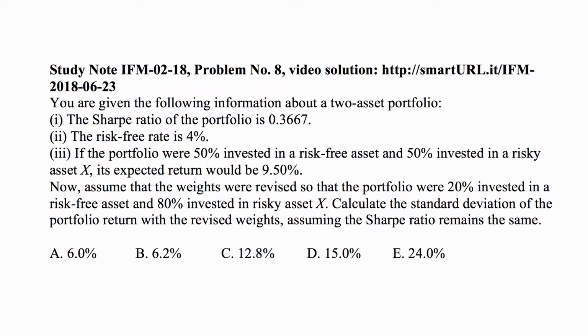If the portfolio were 50% invested in a risk-free asset and 50% invested in a risky asset X, its expected return would be 9.50%. Now assume that the weights were revised so that the portfolio were 20% invested in a risk-free asset and 80% invested in a risky asset X. Calculate the standard deviation of the portfolio return with the revised weights, assuming the Sharpe ratio remains the same.